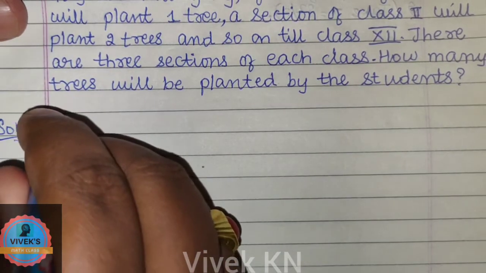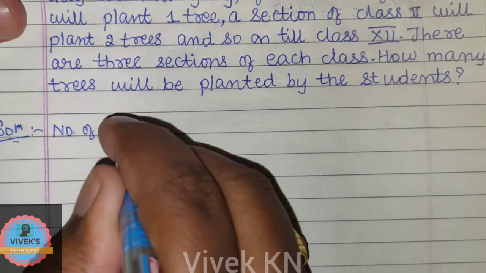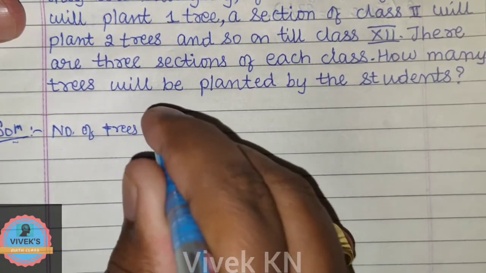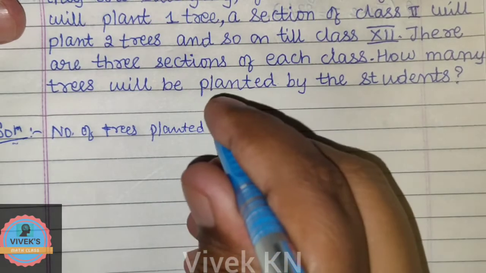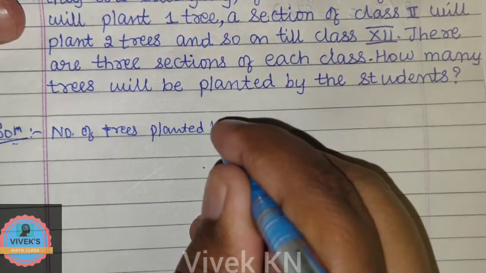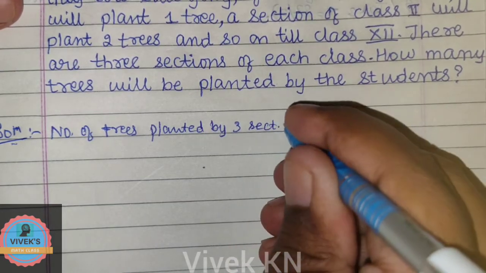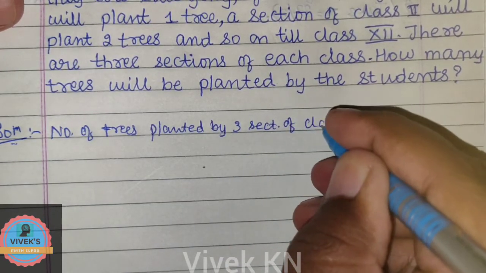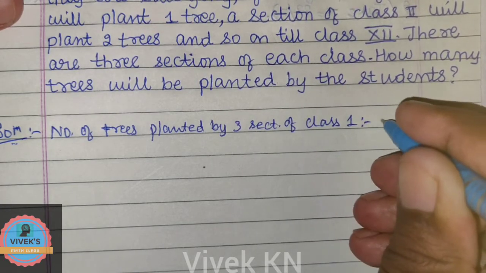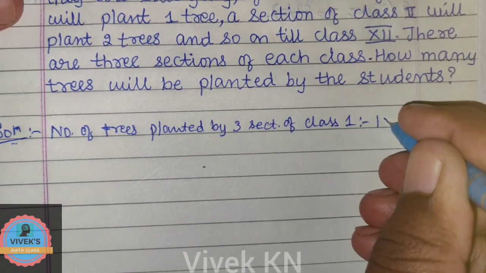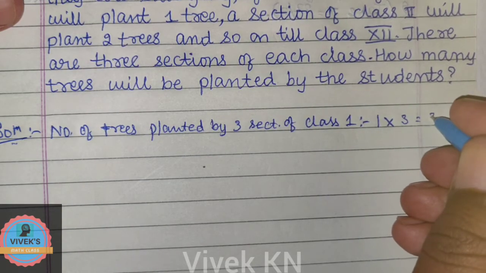Number of trees planted by three sections of class 1 is 1 into 3, which is equal to 3.